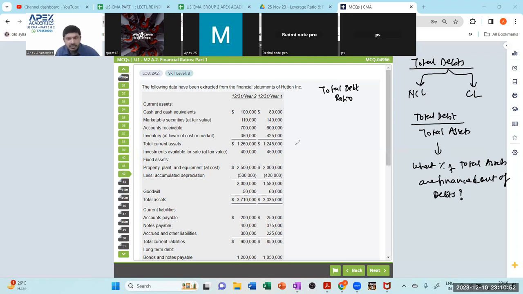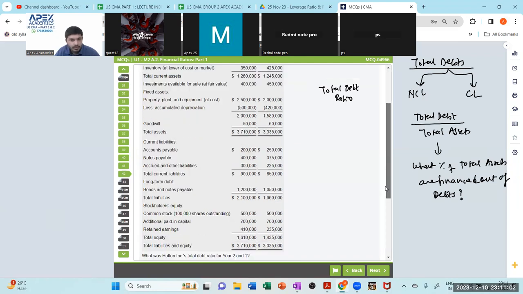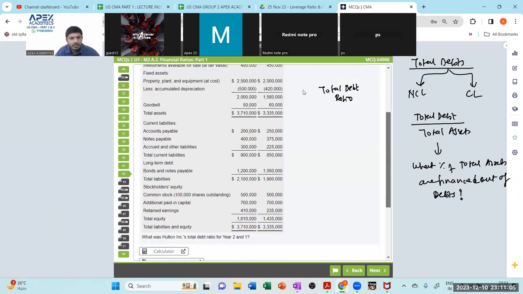Now in this question, what are your total debts? Your total liabilities are 19 lakhs, for year 1, year 2.